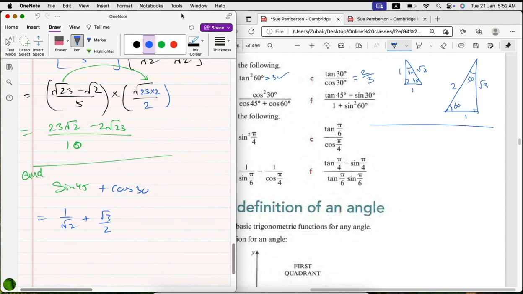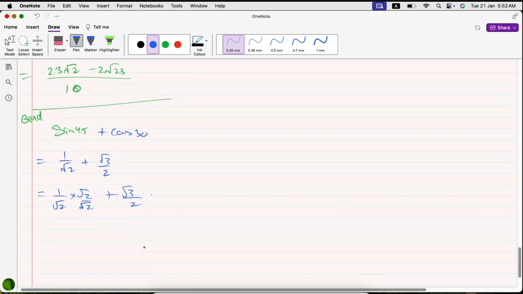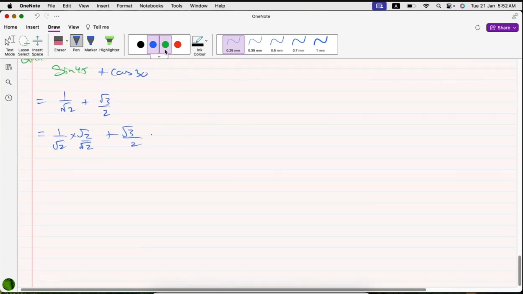Now, before taking LCM, I would rationalize the first term: 1 by square root 2 into square root 2 by 2, plus square root 3 by 2. We'll just keep it as it is until we rationalize. Now, see the denominators are the same, simply add them.